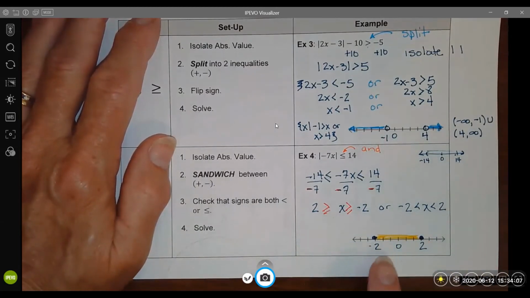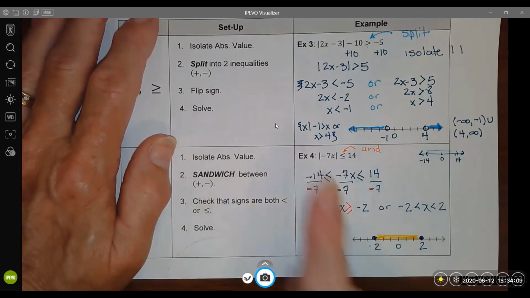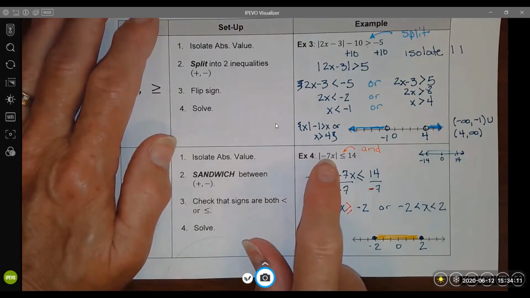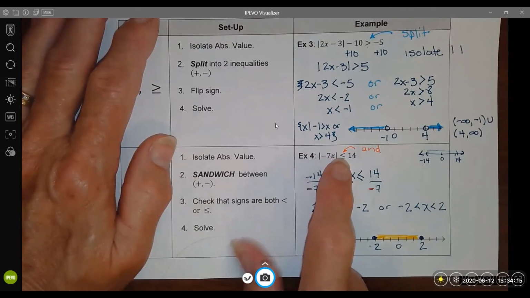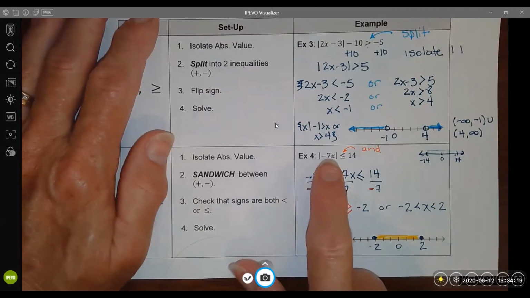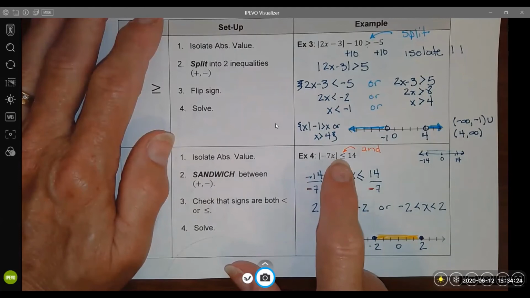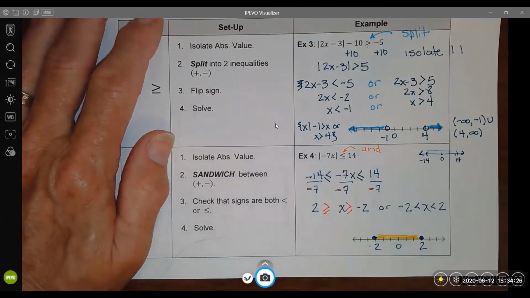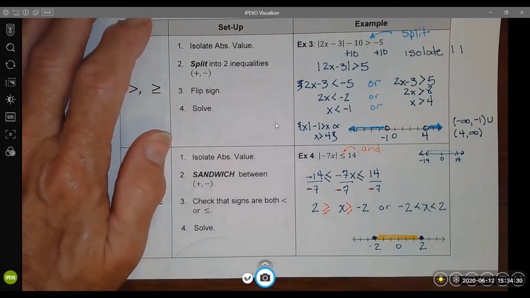I can check myself. -2 times -7 is 14. Is 14 less than or equal to 14? Yes, it is. I can check with 0. Is 0 times -7, which is 0, the absolute value of 0, less than or equal to 14? Yes, it is. So I know I've identified the correct solutions.